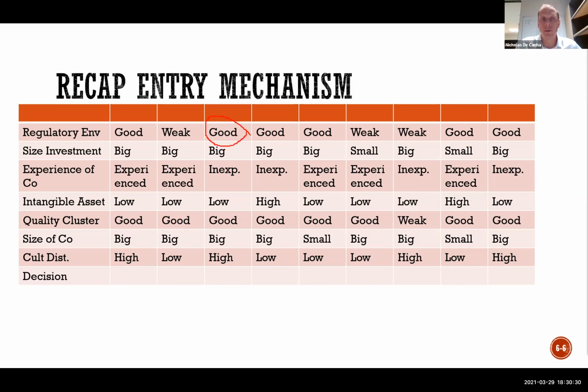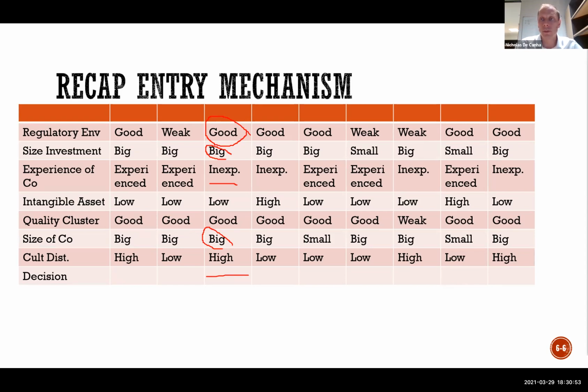Yeah. Right. So you can probably figure this out by yourself. The company is big and the investment is big, but that's okay, right? So they can afford it. And they're a little inexperienced. Cultural distance is high. This is Fay Milk. Greenfield is an acceptable sort of outcome to them.